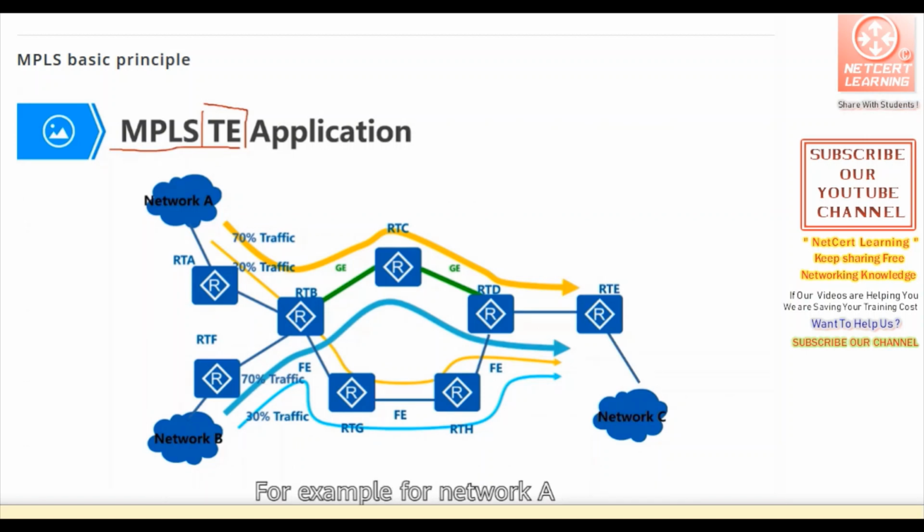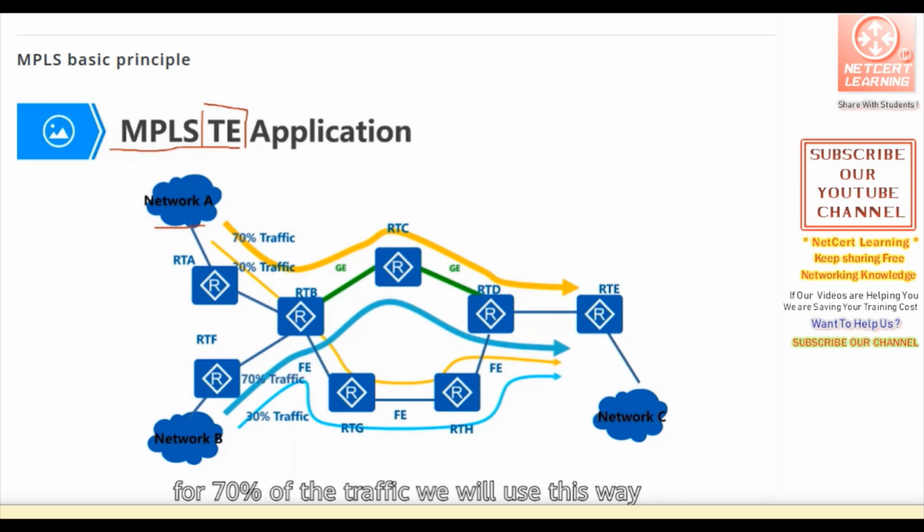For example, for network A, if we want to go to the destination network C, we have two routes. One way is to go to A, B, C, D, and E. The other way is to go to A, B, G, H, D, and E. So we can use TE to control the traffic.